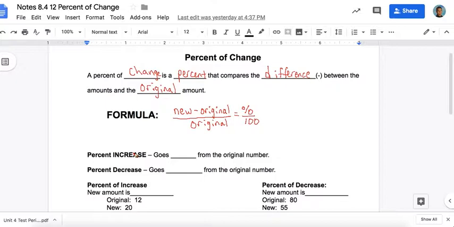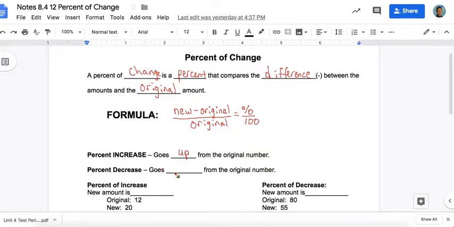We have a percent increase, and that goes up from the original number. Okay, so you might have an increase in a GPA score. You might have an increase in the amount of money that you make.